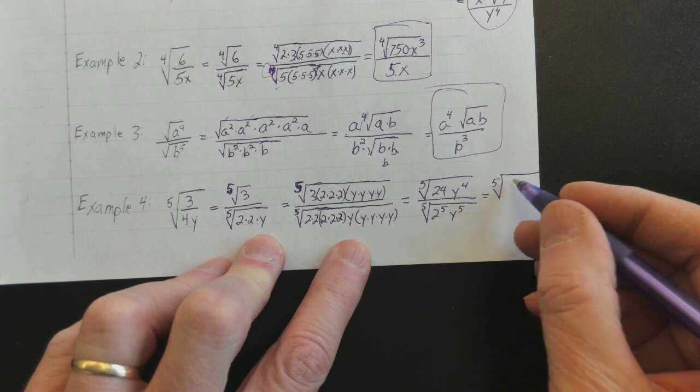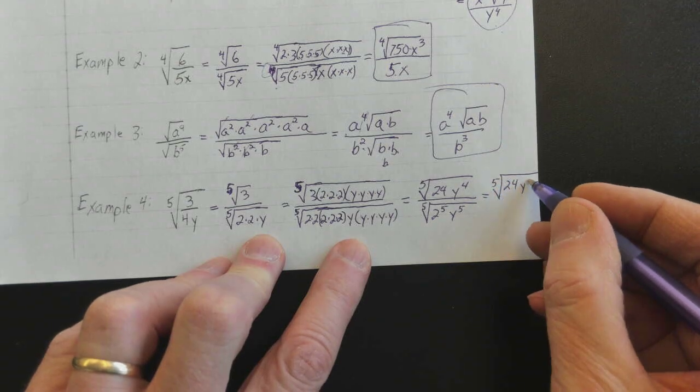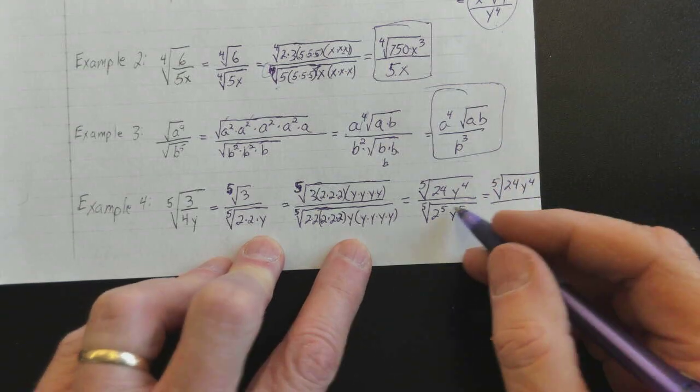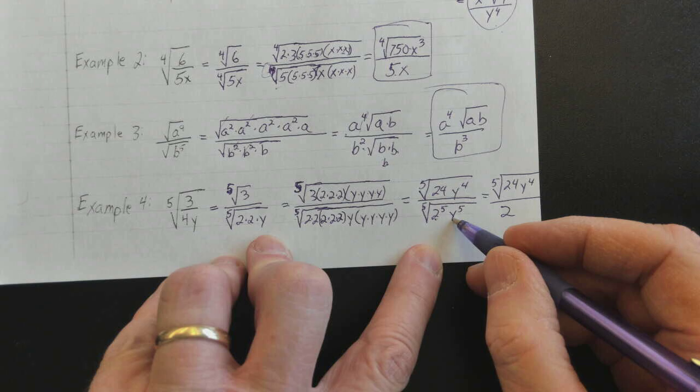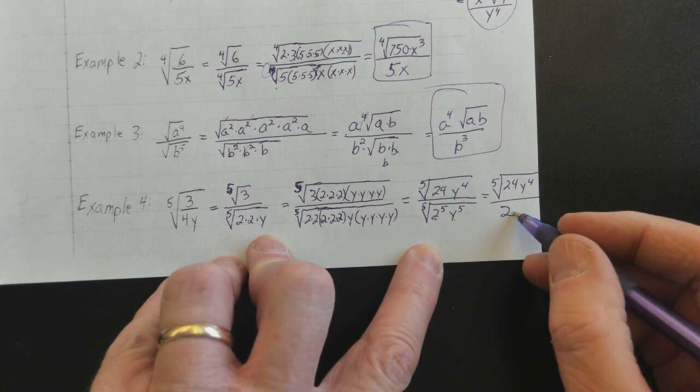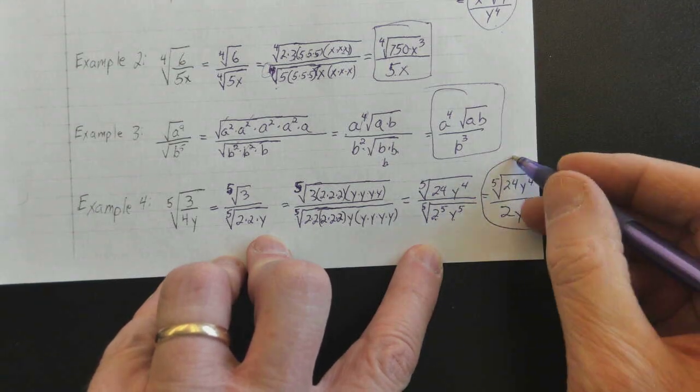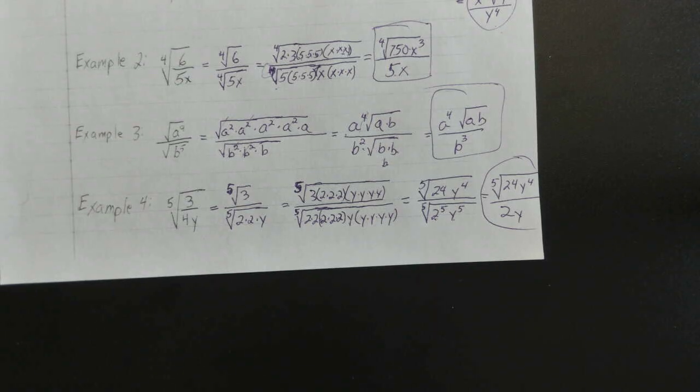So, 5th root of the top, we can't do any more. That's 24y to the 4th. What's 5th root of 2 to the 5th? 2. What's the 5th root of y to the 5th? That is it. All right. There are the examples.